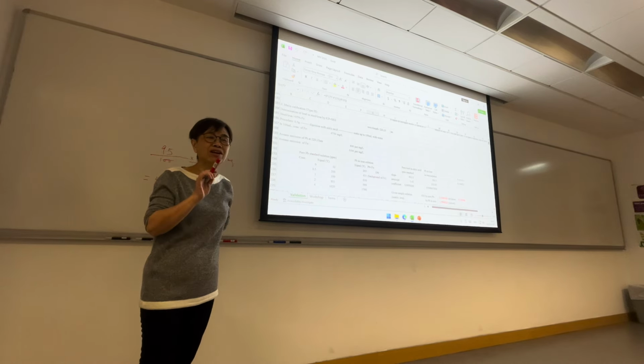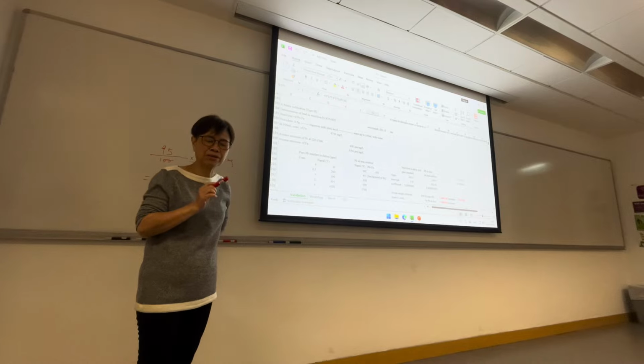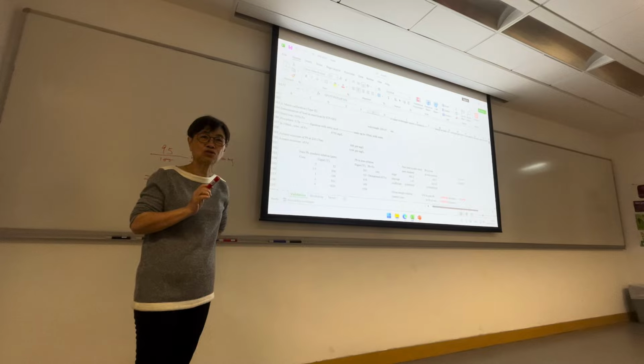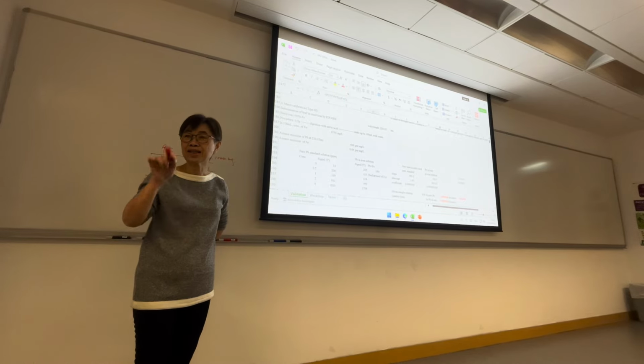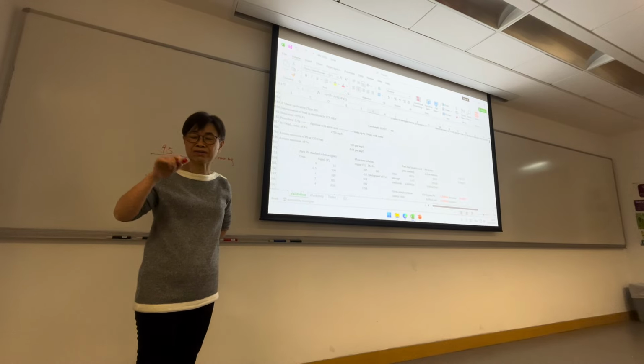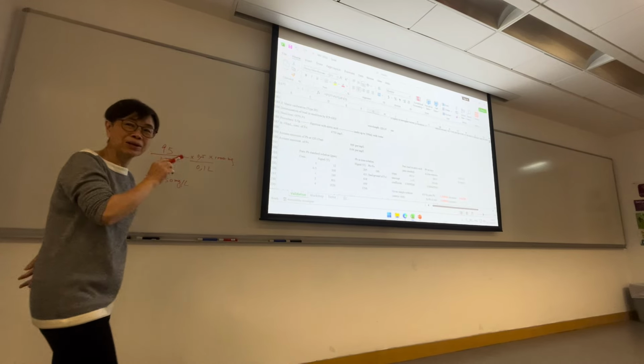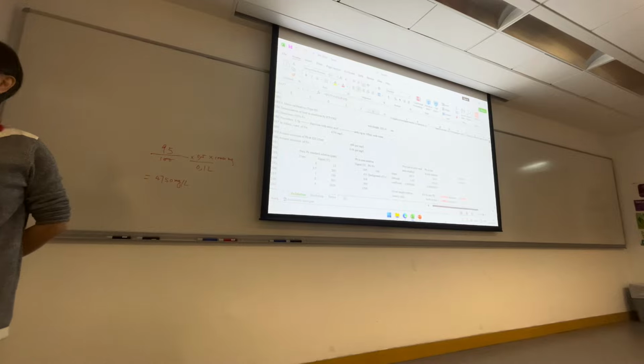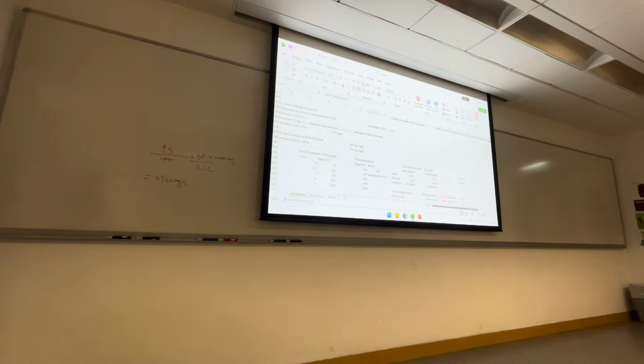Iron, the optimum emission wavelength is not 220. It's another wavelength, 200 something, I can't remember, okay? But at 220, or maybe somewhere around 220, it also has emission. The quantity is 0.04 per mg per liter, okay?